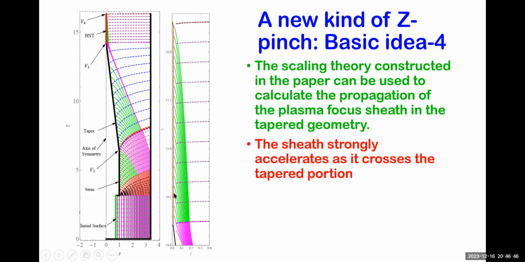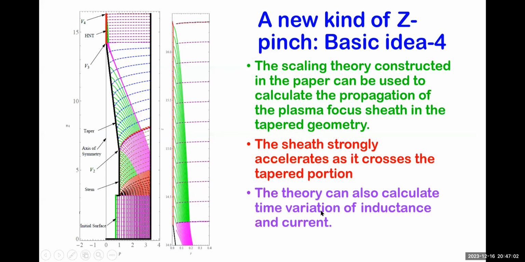And the magnetic field is changing as 1 over r square. Magnetic pressure is changing as 1 over r square. And so that is quite rapid. And you can see that the calculated surface is very strongly curved. The theory can also calculate time variation of inductance and current, and we shall see examples of this quite soon.